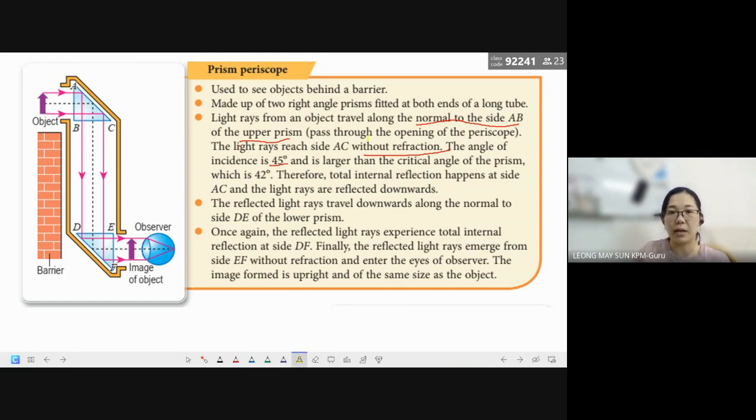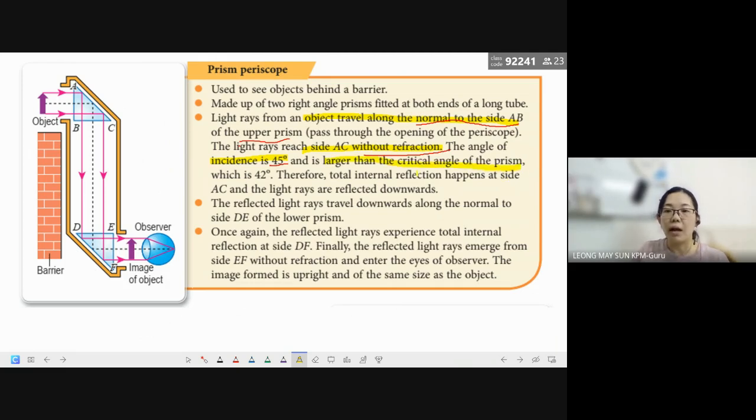Okay, first mark is, light ray from the object travels along the normal to side AB of the upper prism. Light ray reaches AC without refraction, so that's the first mark. Angle of incidence is 45 degrees and it is larger than the critical angle of the prism. That is the second mark.